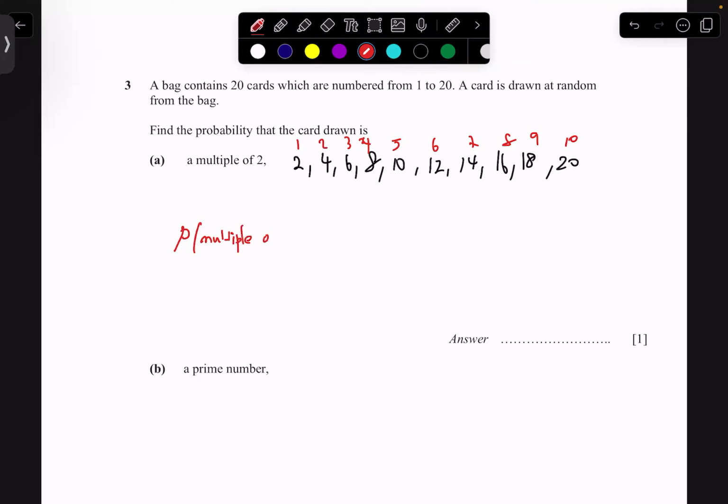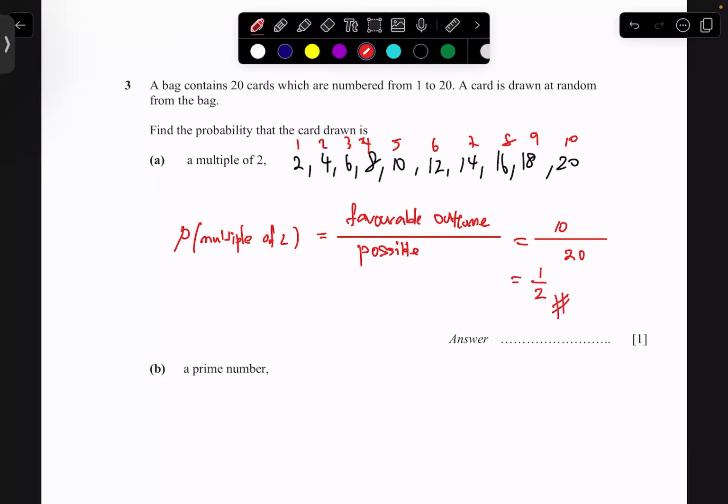Now, the logic of probability is the favorable outcome over possible outcome. That's the definition of probability. Possible, I can draw 1 to 20, so there are 20 outcomes. But favorable, I only have 10. So 10 out of 20, which reduces to half.